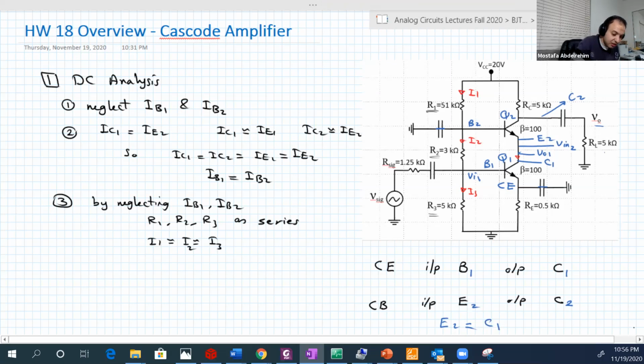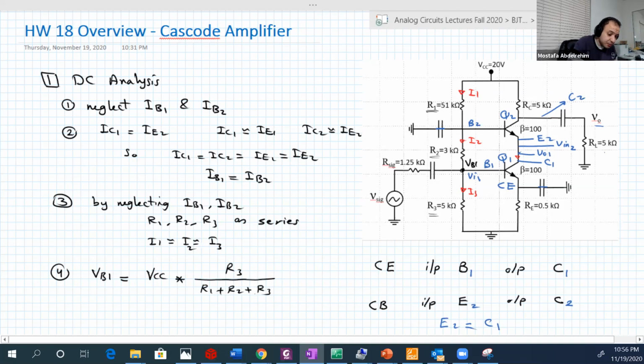Based on that, if they are really in series, then the voltage at base 1, VB1, which is the voltage across R3, I'm sorry again, the voltage of that node, VB1 is equal to VCC multiplied by R3 over R1 plus R2 plus R3.